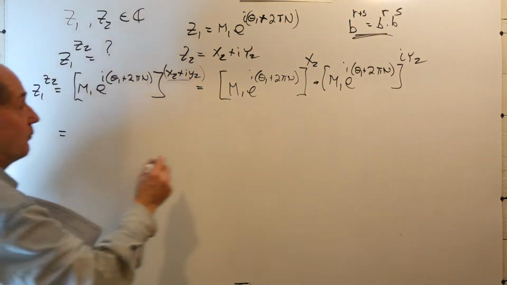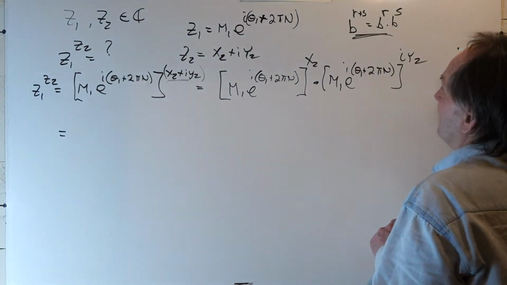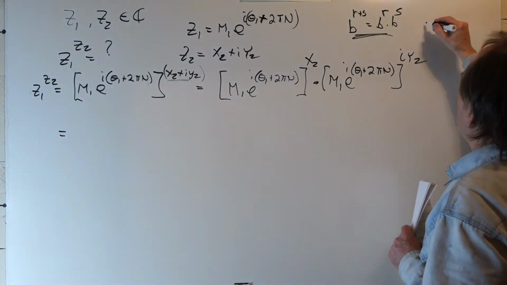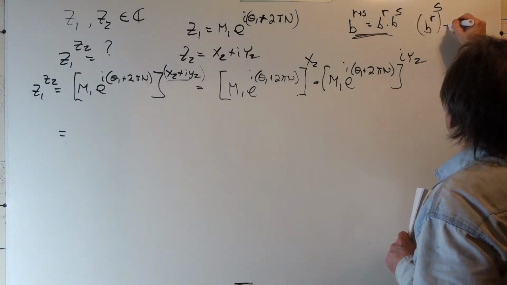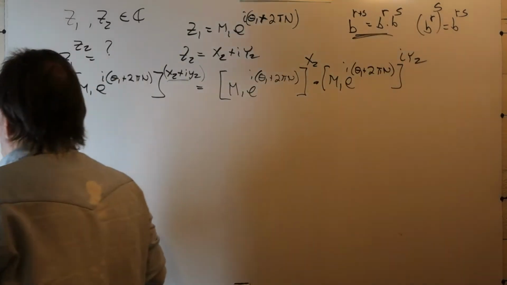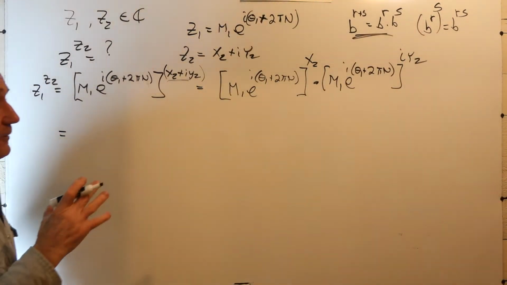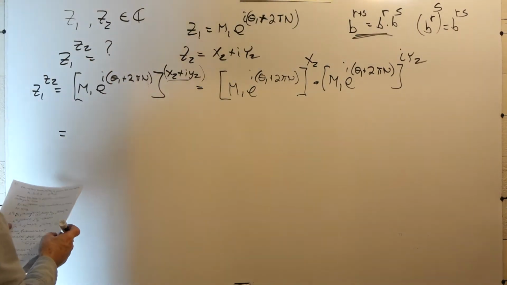Now we'll work on this. We'll use the property that b to the r raised to the s is b to the rs. If we take a base and raise it to a power and then raise that to a power, it's the same as taking the base to the product of the powers.